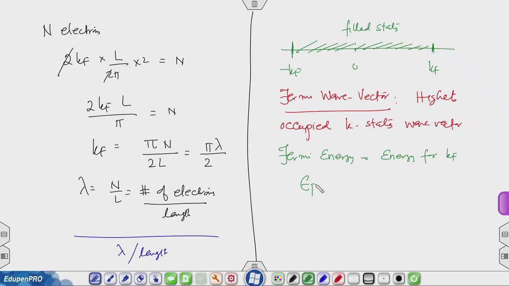So, epsilon f is going to be h cross square kf square over 2 m, which is h cross square over 2 m, kf is pi lambda over 2 whole square, which is h cross square pi square over 8 m lambda square.